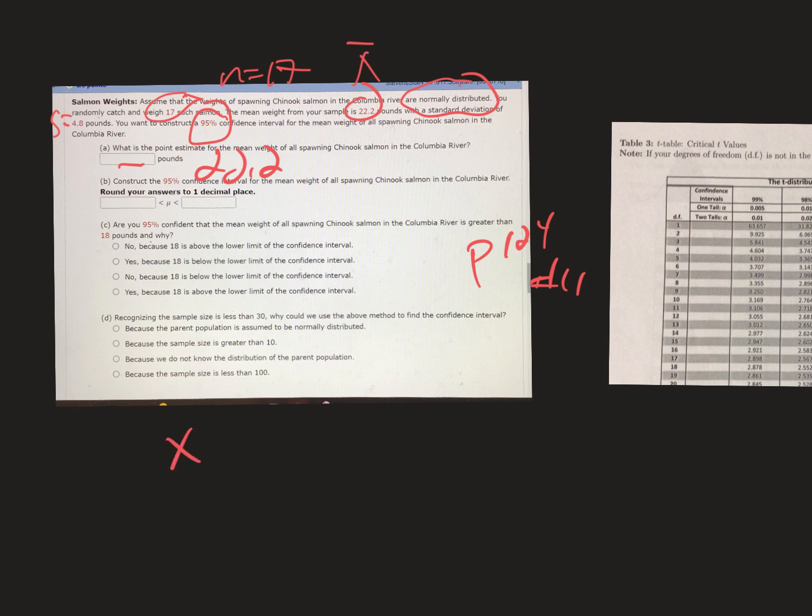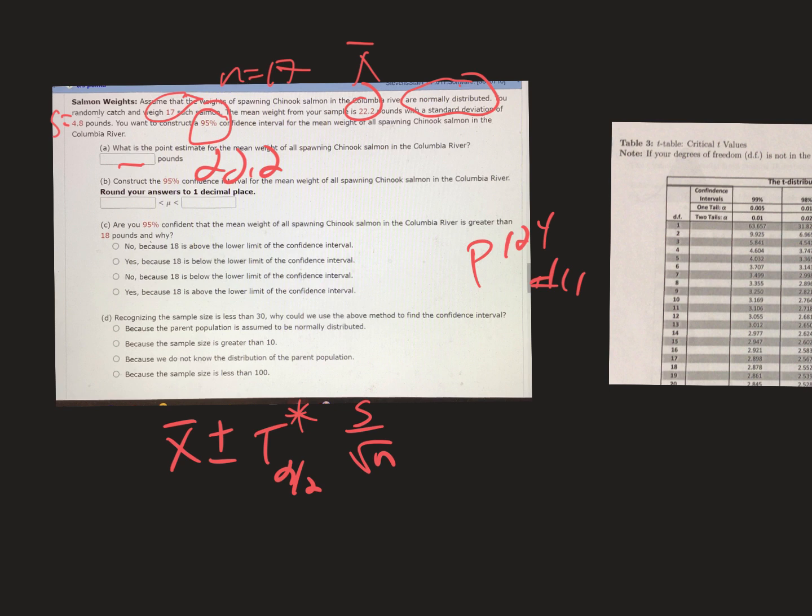To get a confidence interval for a population mean when I don't know the population standard deviation, it's the sample mean, the point estimate, plus or minus some t value that corresponds to the level of confidence, times the sample standard deviation divided by the square root of the sample size, which gives a good approximation of the standard deviation of the sampling distribution.